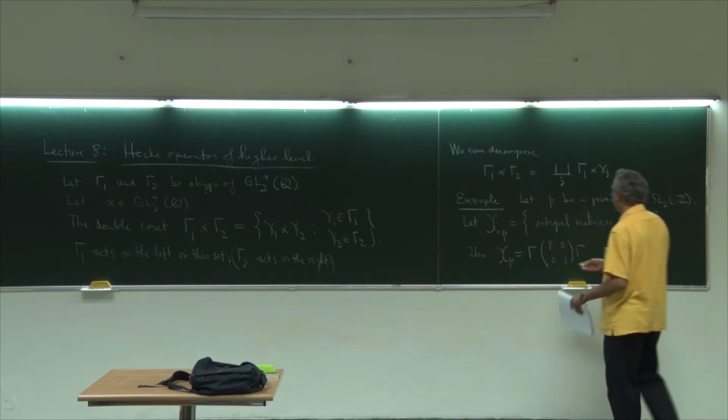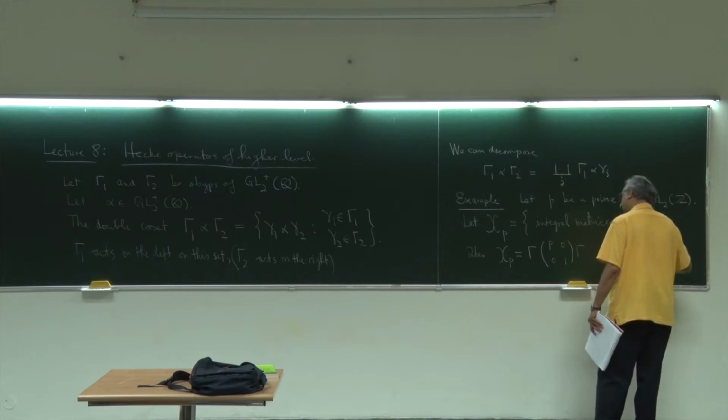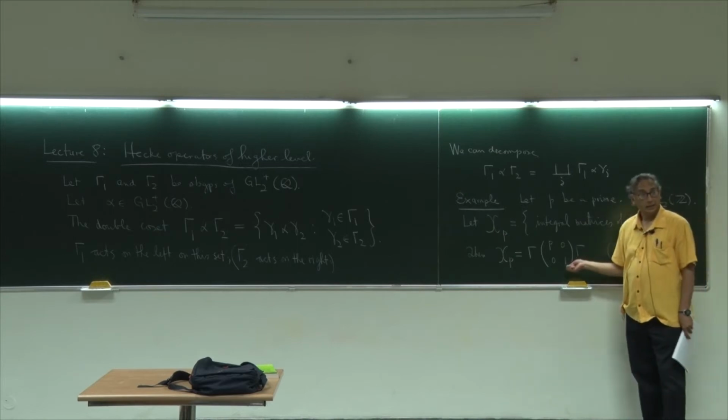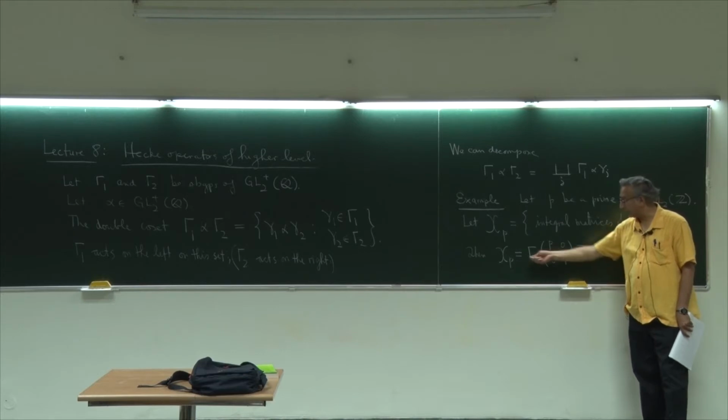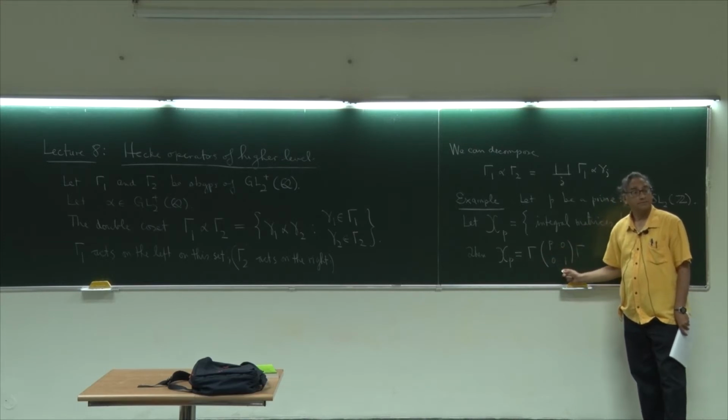So I will leave this as an example or exercise. In other words, all matrices of determinant p can be written in this fashion. So I can describe the integer matrices of determinant p as a double coset.